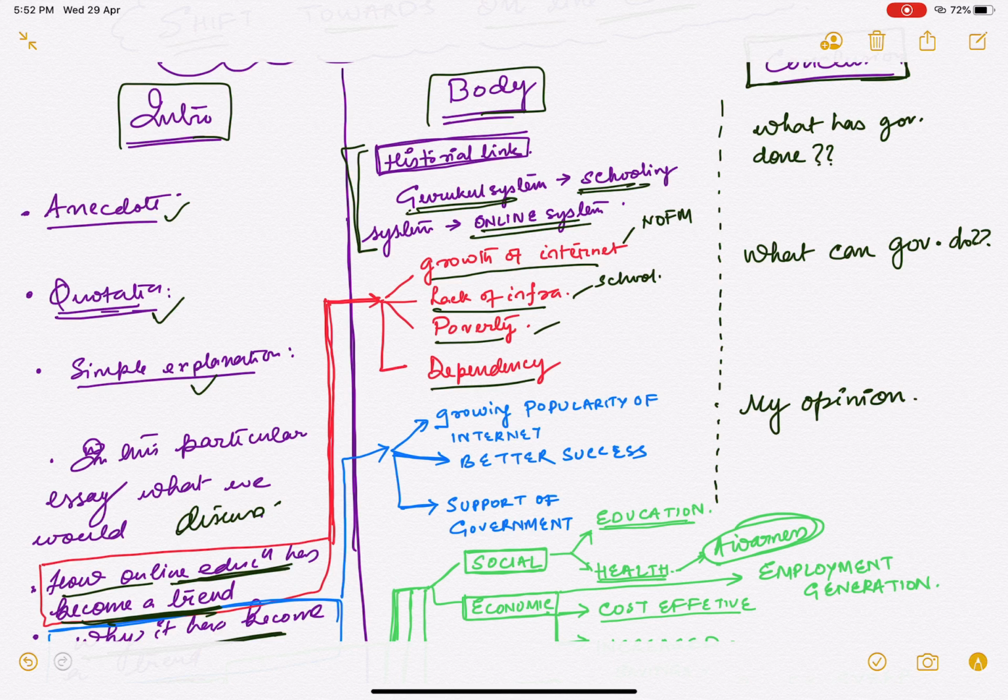With respect to poverty, I can say that people below the poverty line do not have the money to send their wards or their children to higher education. That's one thing. And next is dependency. For example, just look at this initiative of ours itself. There are many students who are homemakers, taking care of their husband as well as the children.